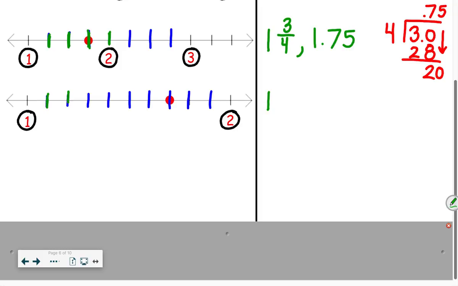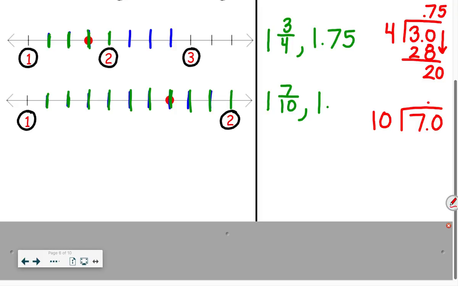So 1, 2, 3, 4, 5, 6, 7, 8, 9, 10. So 1 and 7 tenths. And then if I do the long division for that, 7 divided by 10, 7 goes on the inside, 10 goes on the outside. 10 can't go into 7, but it can go into 70. So 10 goes into 70 7 times. So 1.7 is my answer.